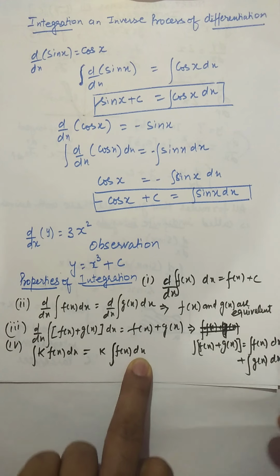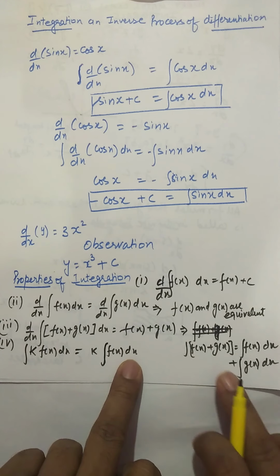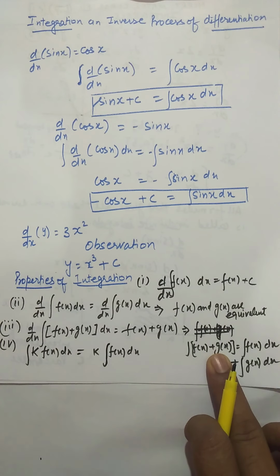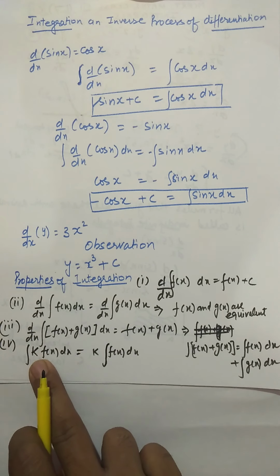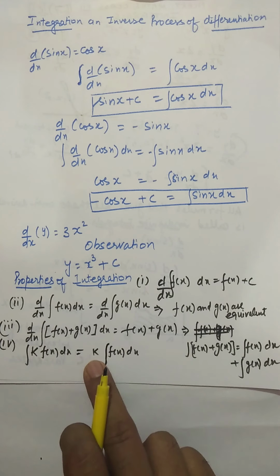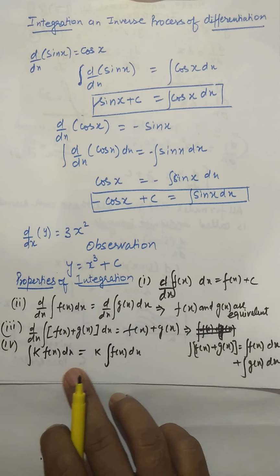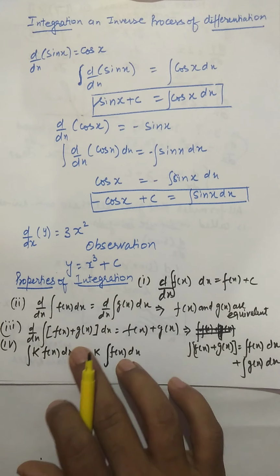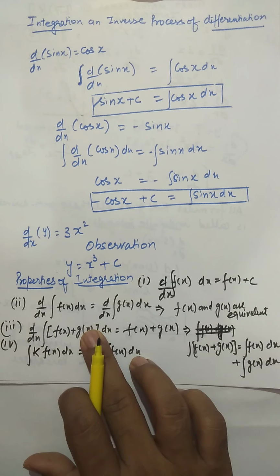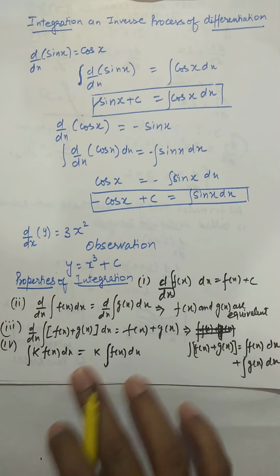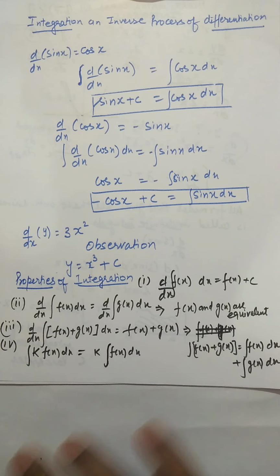And if it is a constant k into f(x) dx, then you can take k out from the integration. So this is the fourth one. And the fifth one is a combination of third and fourth. We are not discussing the fifth one here, we'll discuss that in the problems.